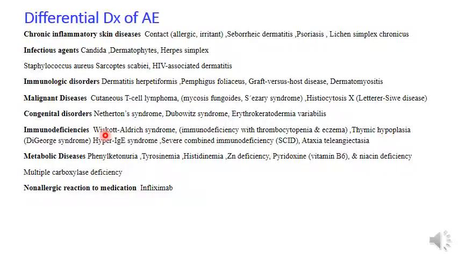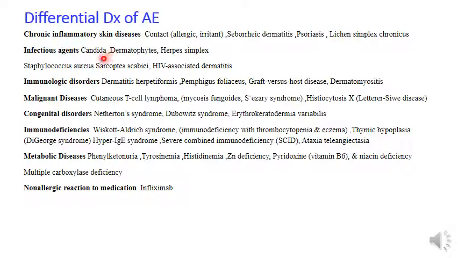So the differential diagnosis of atopic eczema includes the following. As you see here, chronic inflammatory skin diseases like allergic or irritant dermatitis, seborrheic dermatitis in early infancy, psoriasis, and lichen simplex chronicus, which is chronic thickening of the skin.